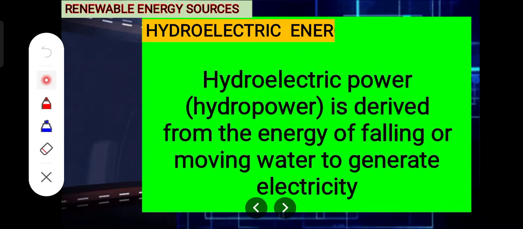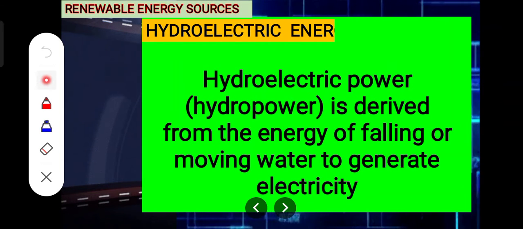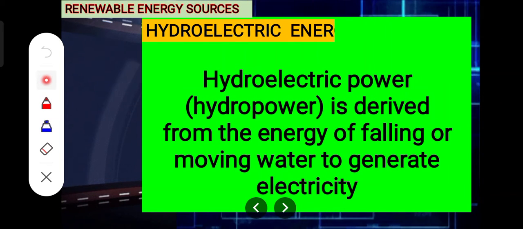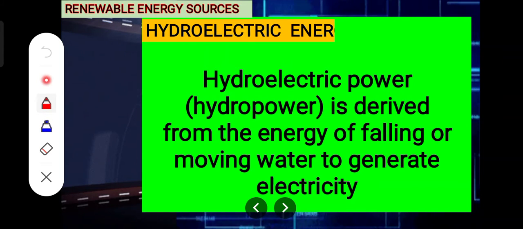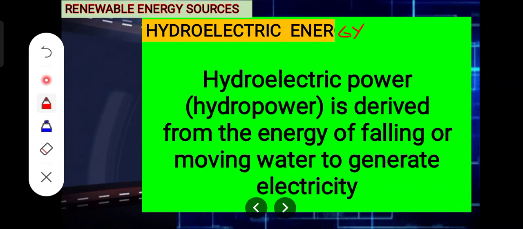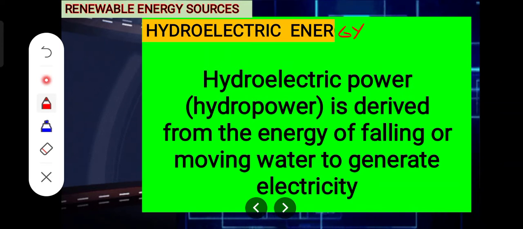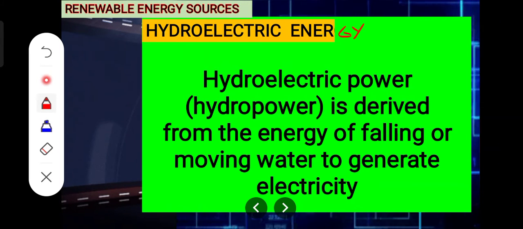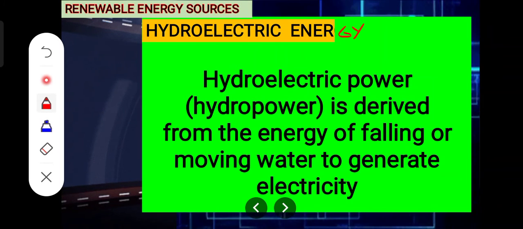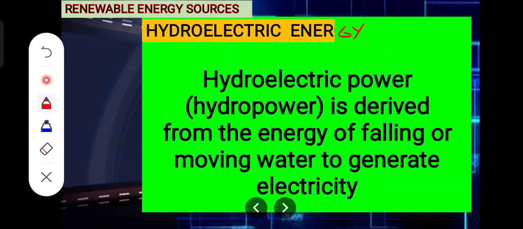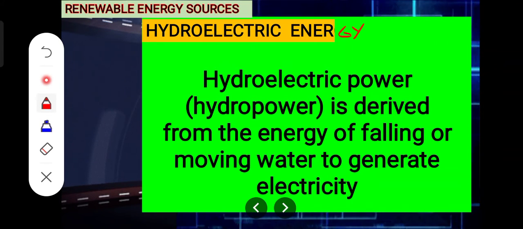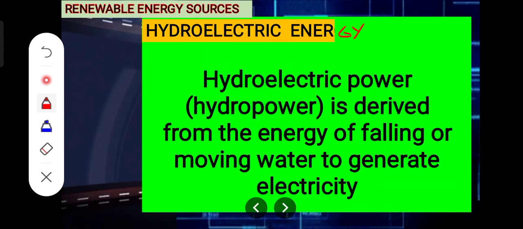We also have here the hydroelectric energy. Hydroelectric power is derived from the energy of falling or moving water to generate electricity. Among other purposes, water is widely used to produce electricity. Hydropower is a proven, mature, predictable, and price-competitive technology.